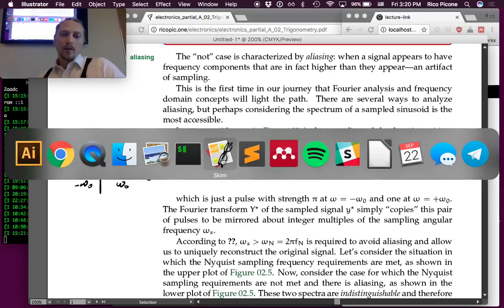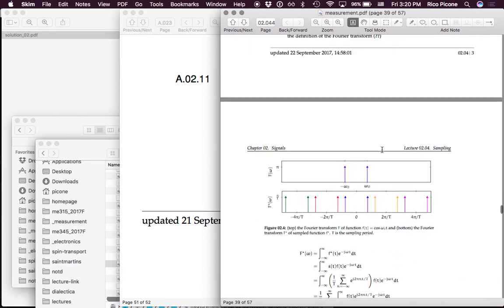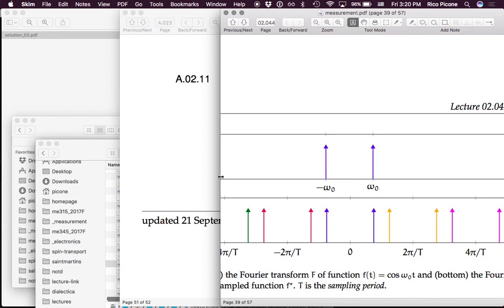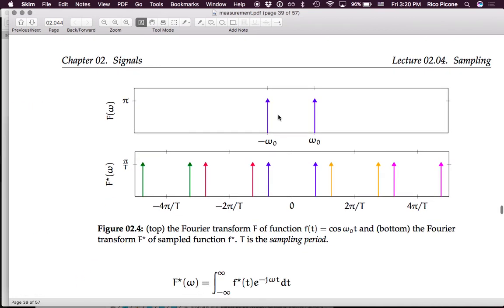So you all remember this, right? This was our frequency spectrum for cosine omega naught t. And then if we sample it, remember we just take copies of this and we move it to every sampling frequency.